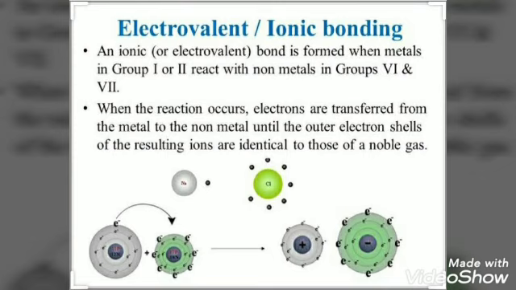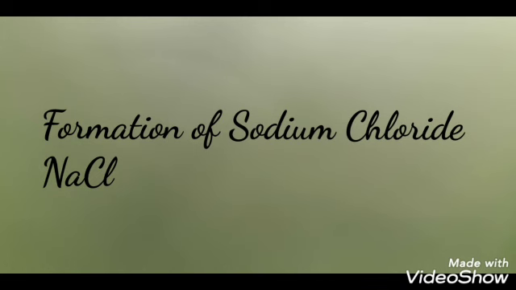We will now describe the formation of some ionic compounds such as sodium chloride and magnesium oxide. So let us study the formation of sodium chloride first. Now we know that sodium is a metal whereas chlorine is a non-metal. So sodium metal will react with chlorine to form an ionic compound, sodium chloride.